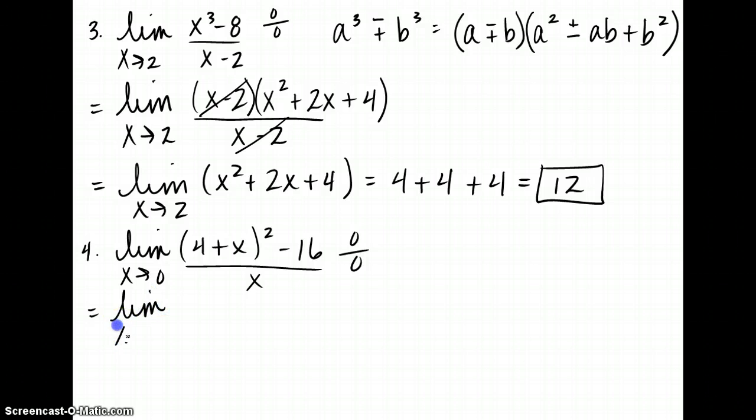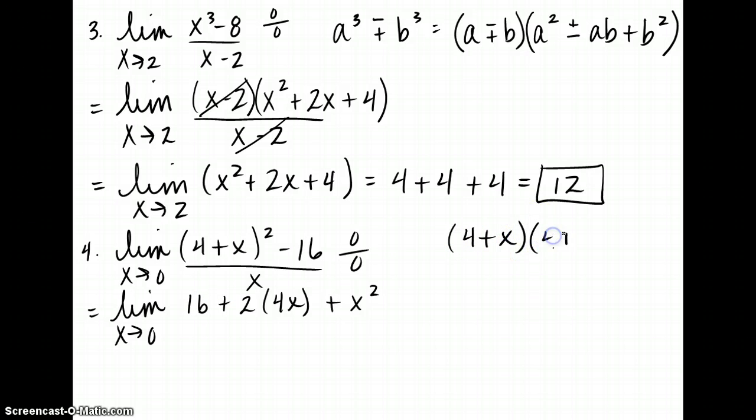So what can we do? Expand that binomial. Square the first term, double the product, square the last term. So again, the shortcut, if I dare say, instead of writing it out as the product of two binomials every single time you're asked to do this: square the first term, 4 squared is 16, double the product, 4 times x, and then double that product, and then square the last term.